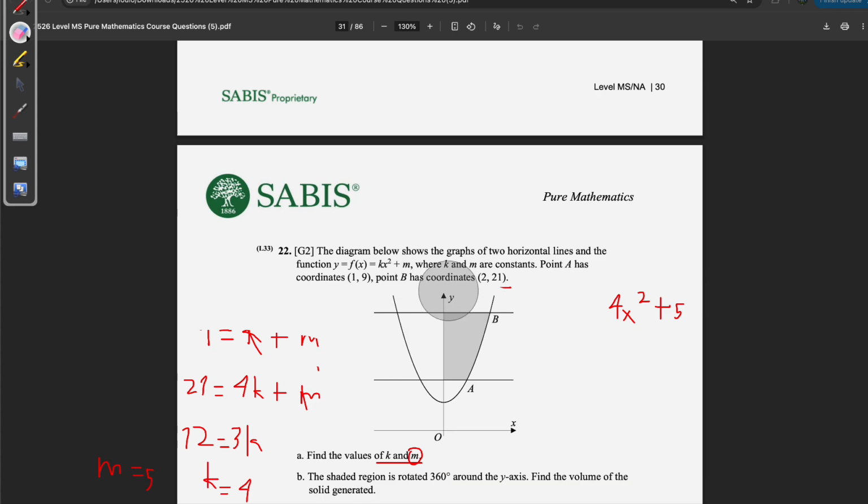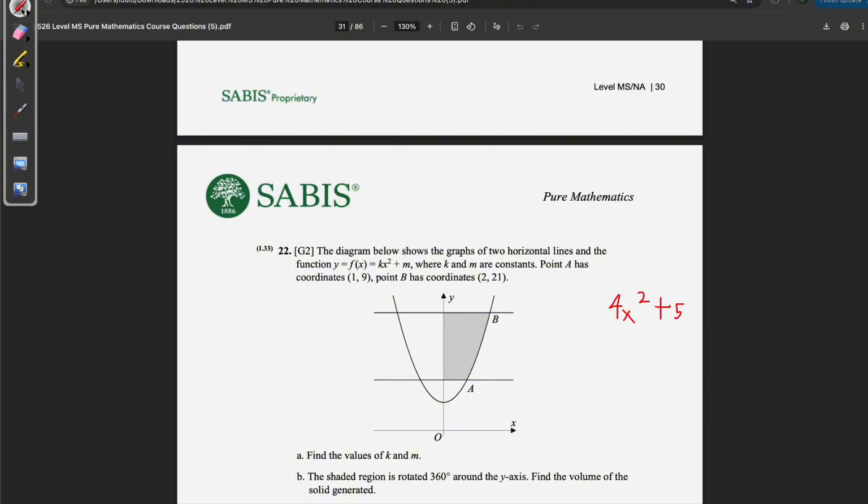Now let's work on part B. The shaded region is rotated 360 degrees around the y-axis. Find the volume of the solid generated. When they say rotated around the y-axis, that means we need to write it in terms of x, but to make it easier you can write in terms of x squared, because we just need to integrate that part.